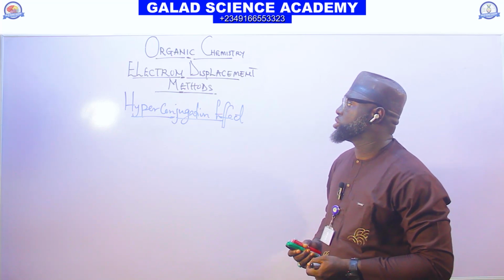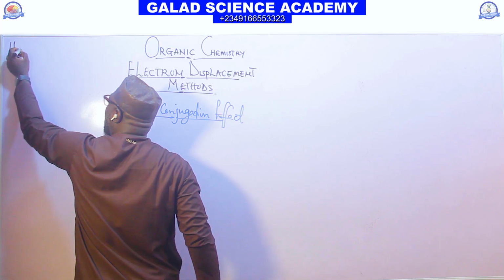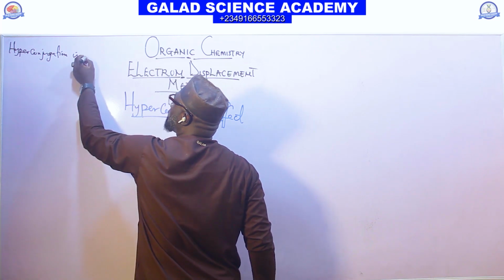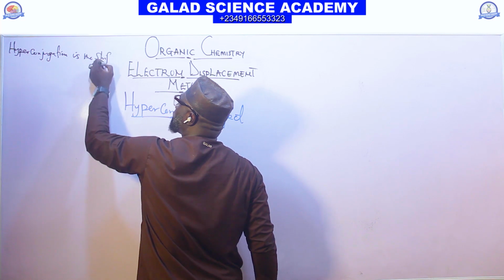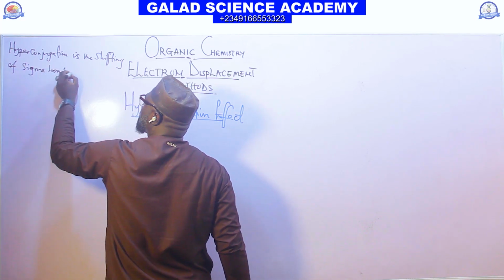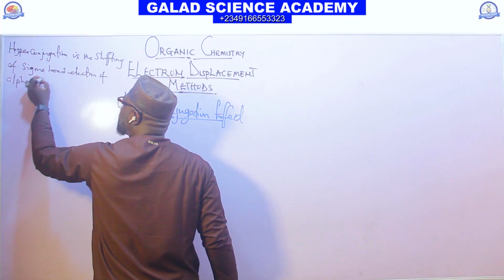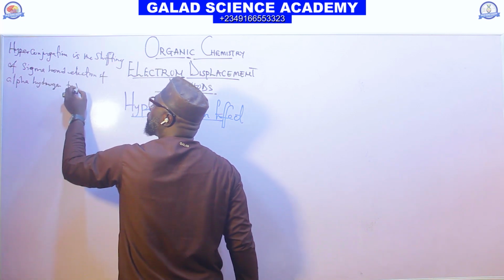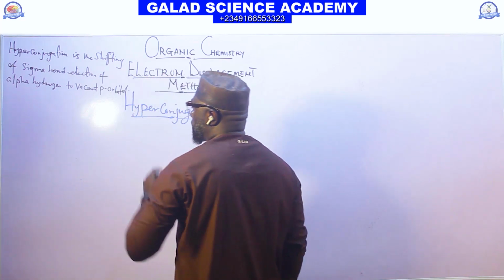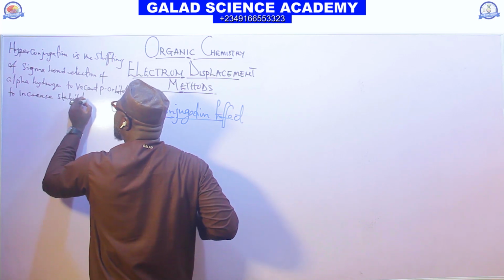Let me define it. Hyperconjugation is the shifting of sigma bond electron of, don't forget, alpha hydrogen to the vacant p orbital, to increase stability.